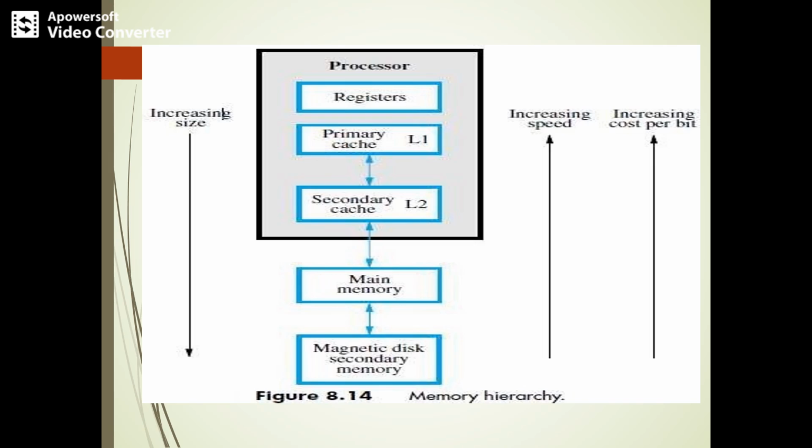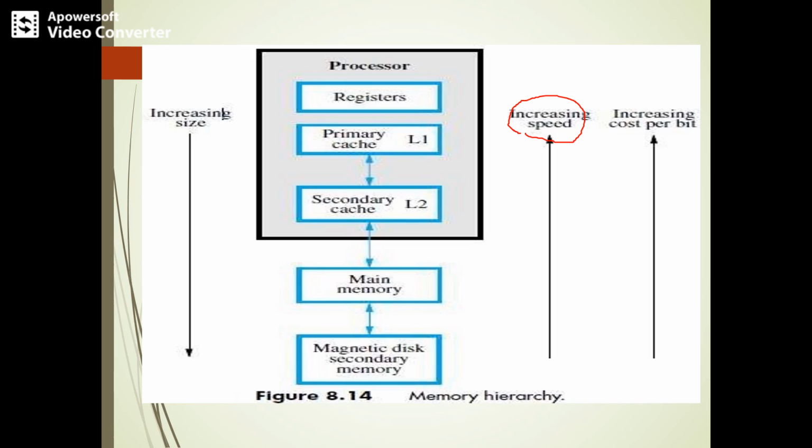The memory hierarchy from the processor register to the magnetic disk storage is considered in the diagram. If I am considering the factor as speed, I can say that the processor register provides the fastest access. Speed wise, the operation is very quick.